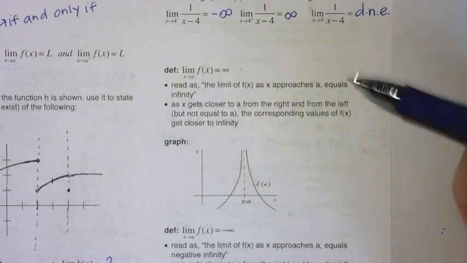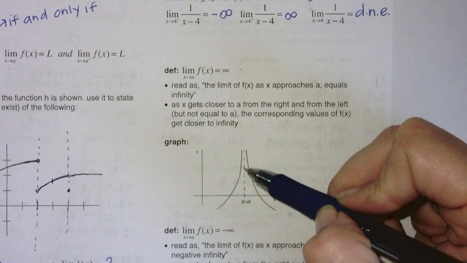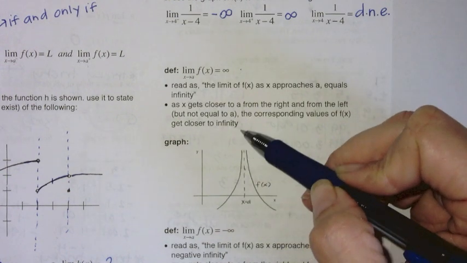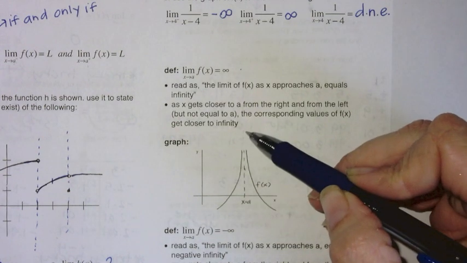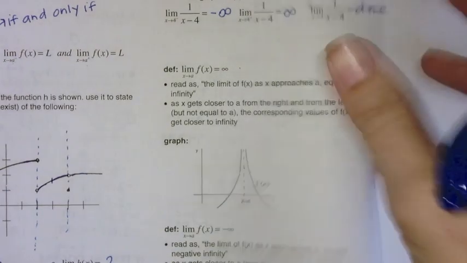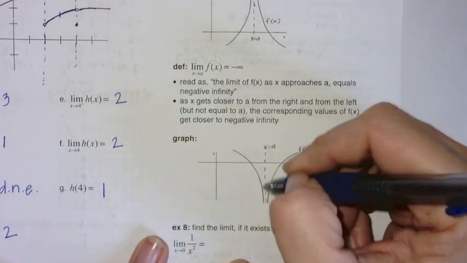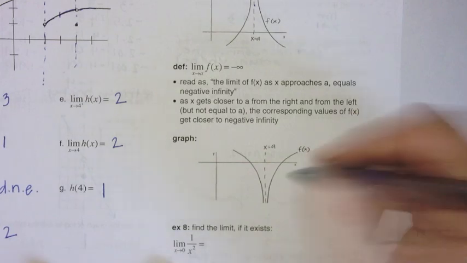What you can see is that there is an asymptote here, but the left is going to infinity and the right is going to infinity. So because the left and the right match, then the limit is infinity. And here's a picture of one where the limit would be negative infinity. Again, because the left and the right match, that's what it would look like.